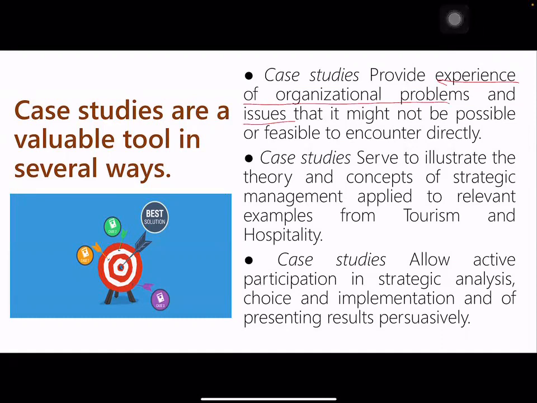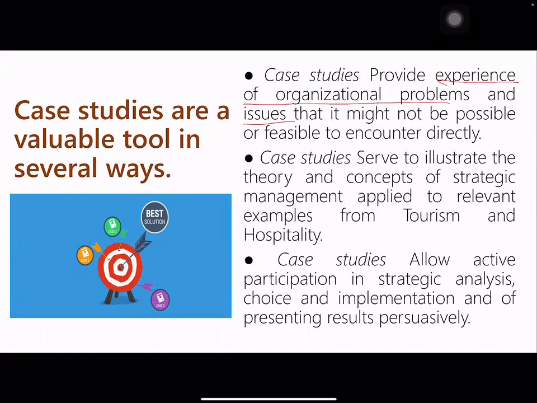When you study some case studies, the problems and issues that were faced by other industries will be familiar to you, because you might not encounter them directly, but through those case studies you will be familiar.